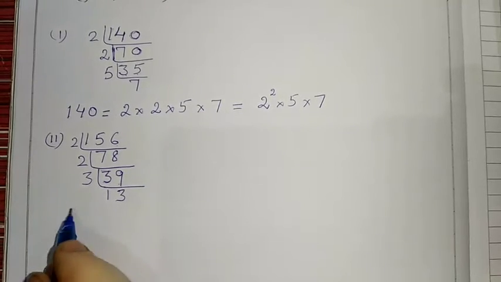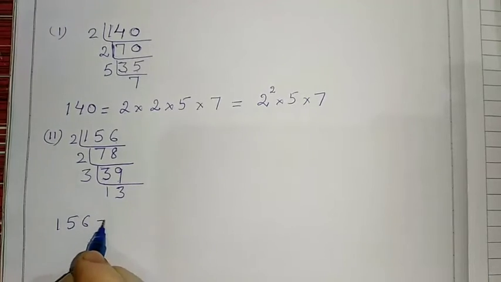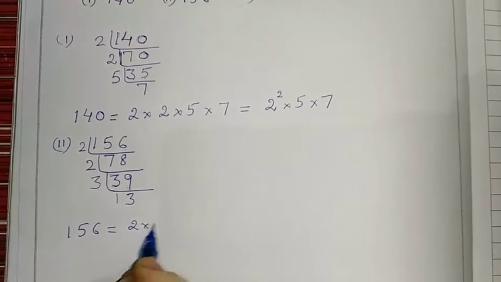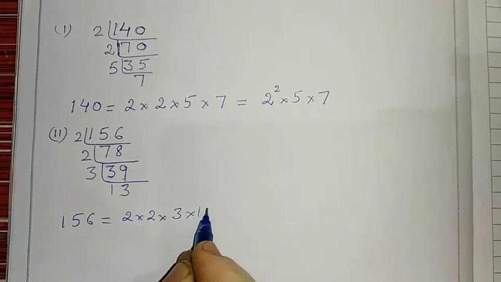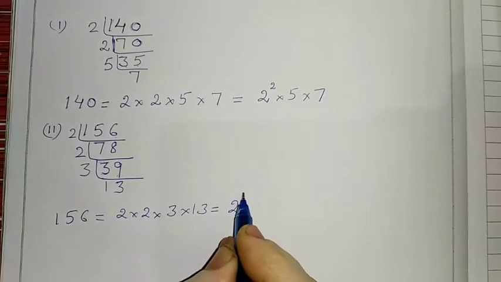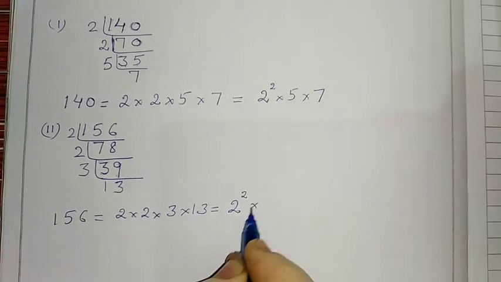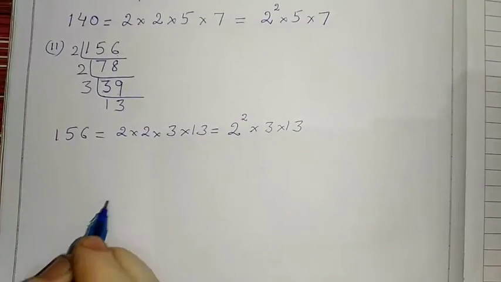Only by 13. So the prime factorization of 156 is equal to 2 into 2 into 3 into 13. So you can write in this way: 2 into 2 is 2 to the power 2, into 3 into 13.